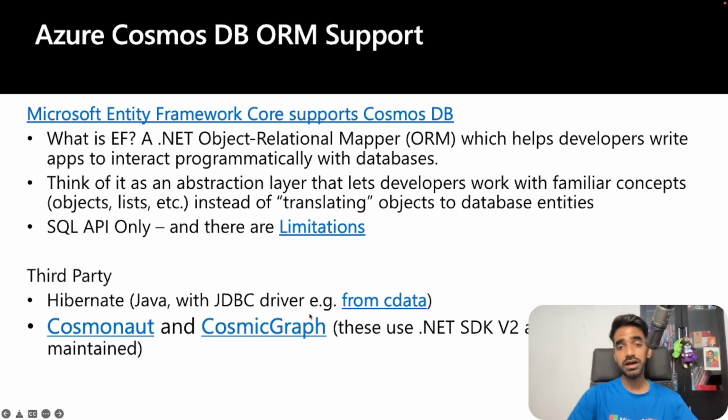Even if customers are using them, you can advise them to move away from these, as they use the old .NET version of our SDKs, and these two libraries are not being maintained. This is something to consider whenever you are using these libraries.